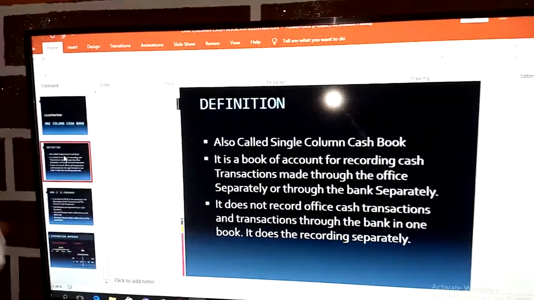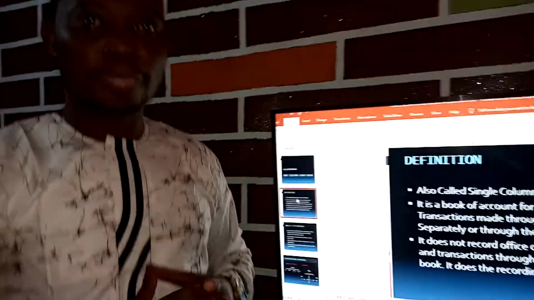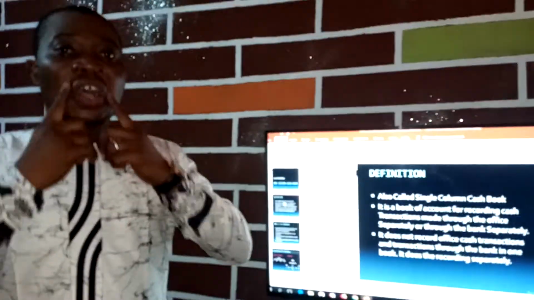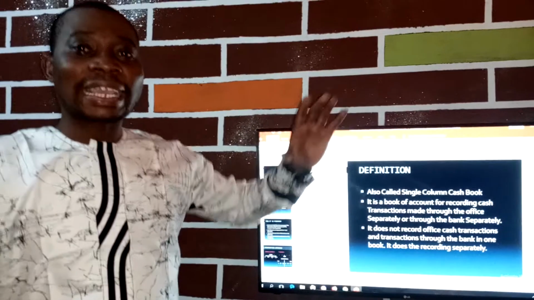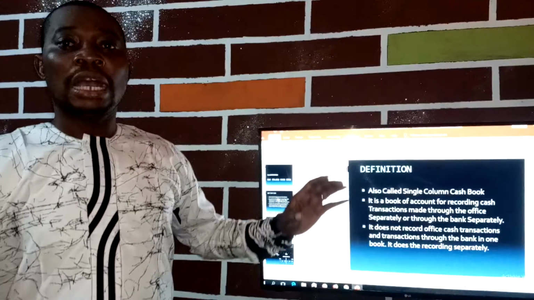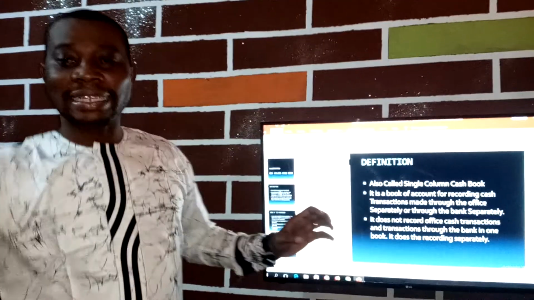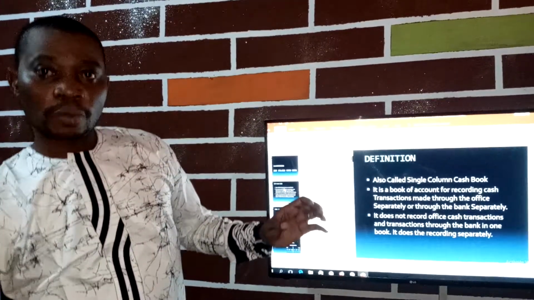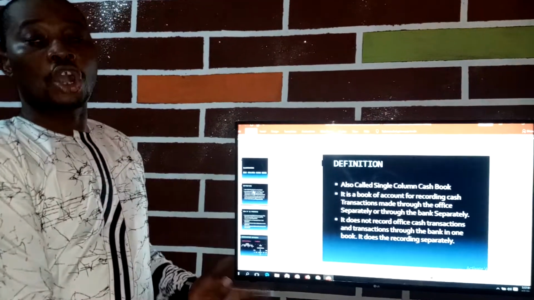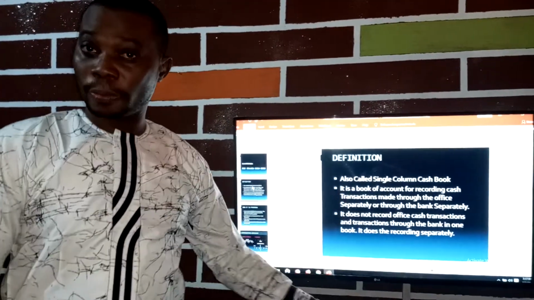In a very simple term, we are keeping record of transactions that were done through our bank account in a separate book, and transactions that were done through the cash we kept in the office in a separate book.